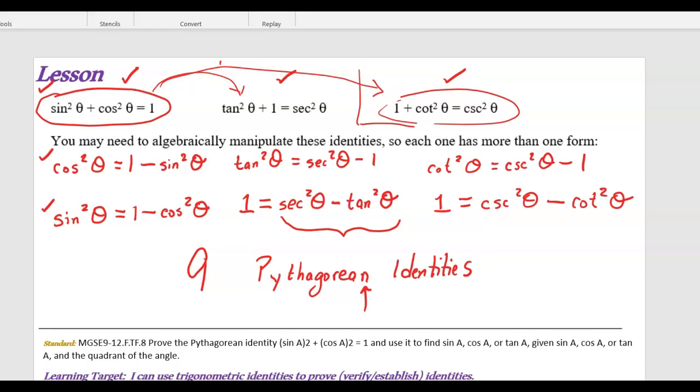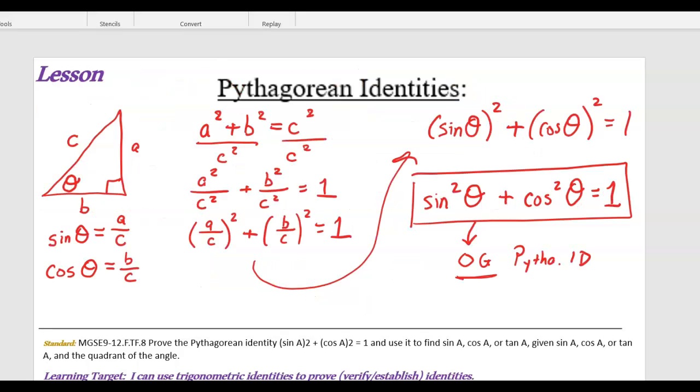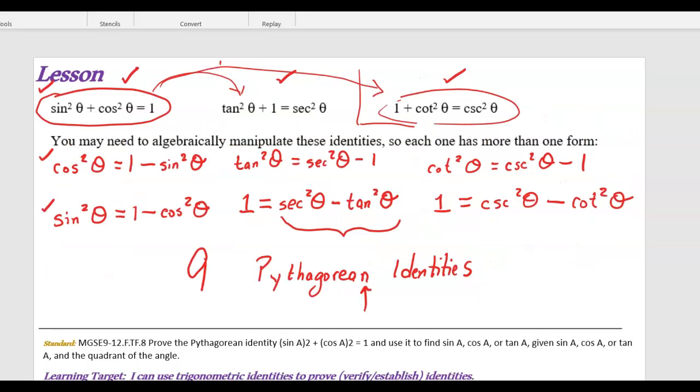Every one of these other 8 can easily be derived in 1 or at most 2 steps: you can either divide and move one term to the other side, or just move one term to the other side. Every one of these relationships you're going to use over and over and over, and they all come straight from the Pythagorean theorem. So these are your Pythagorean identities.